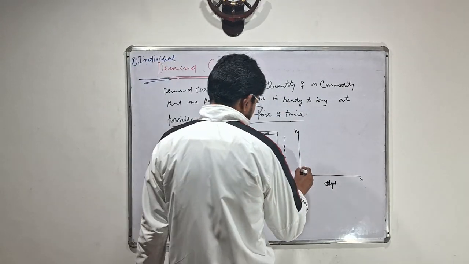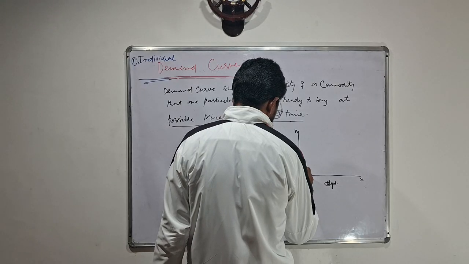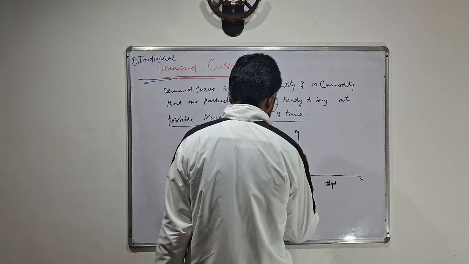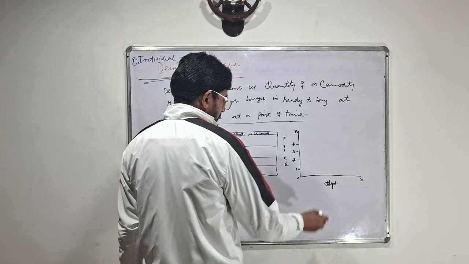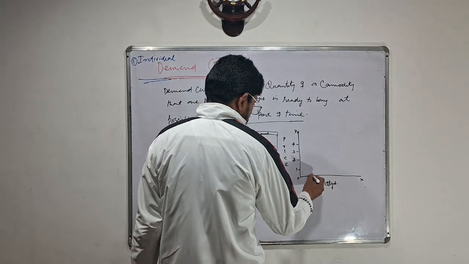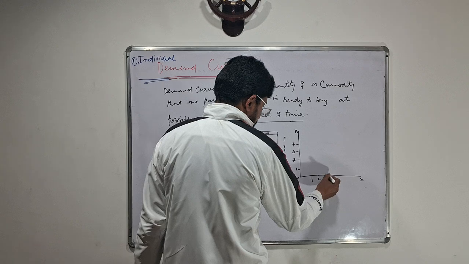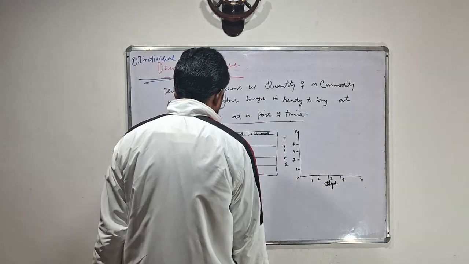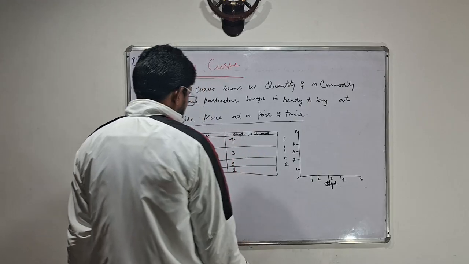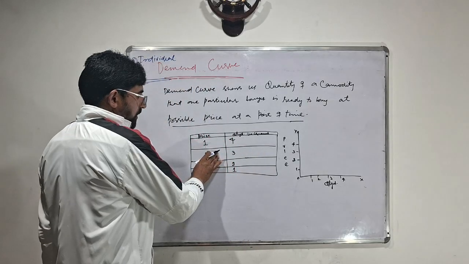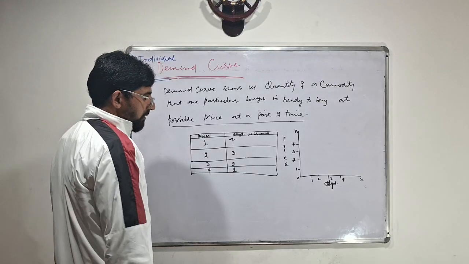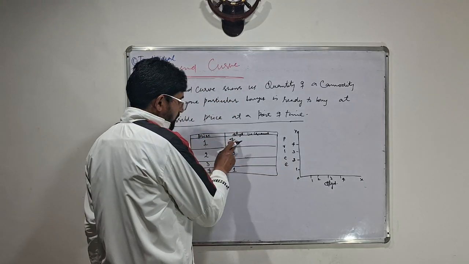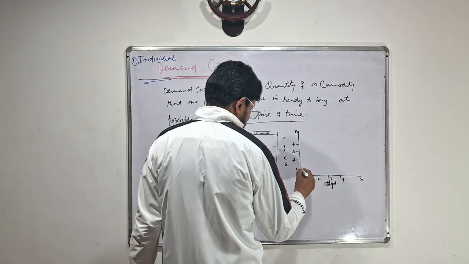Now, price will be written here 1, 2, 3, 4. Quantity will be here 1, 2, 3, 4. Now, as per this given schedule, we have to join the price with the quantity of the commodity. At price 1, we join it with quantity 4.